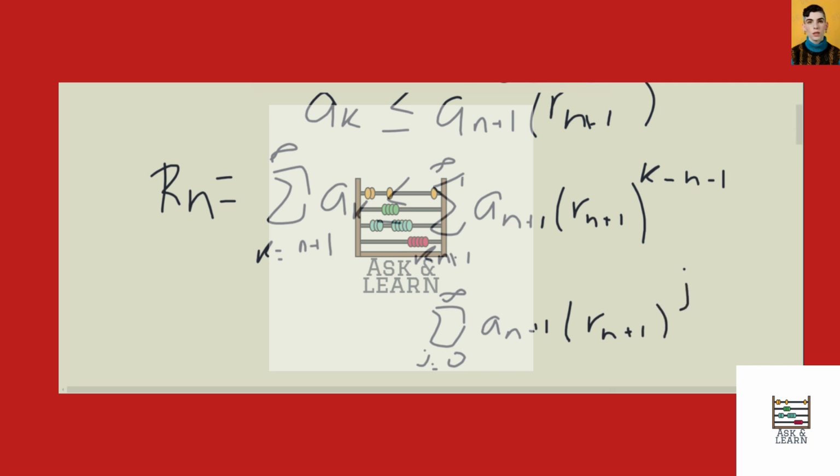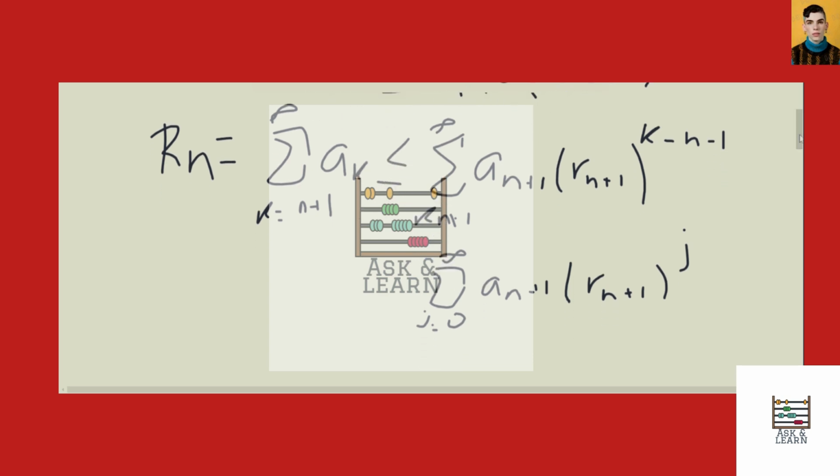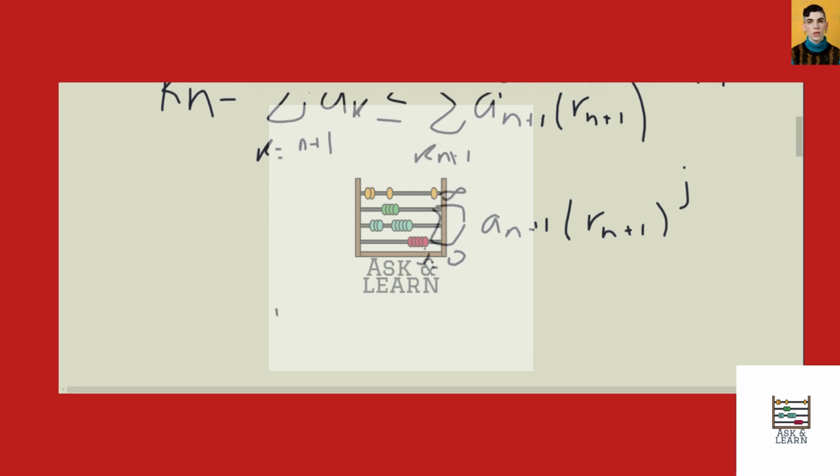And so what this tells us is that because this sequence is geometric, with the ratio r sub n plus 1 being less than 1, and the whole thing converges, we can say that r sub n is less than or equal to a sub n plus 1 over 1 minus r sub n plus 1. And that's just a variation on the geometric formula, a over 1 minus r. So because this series converges, this series can be written in this form.